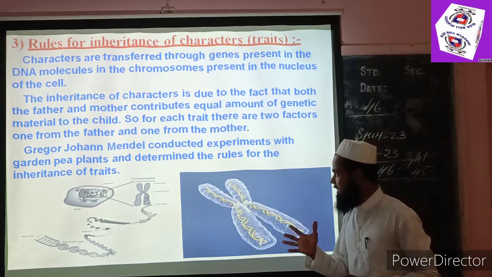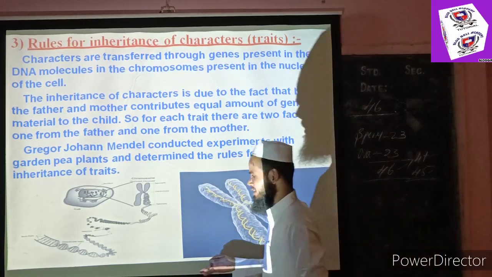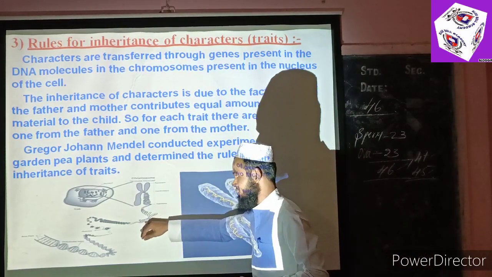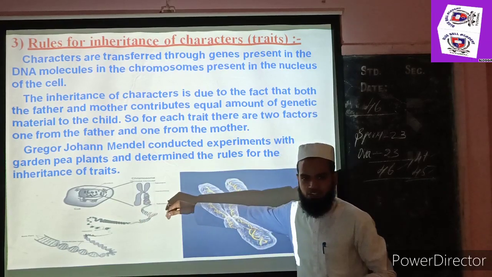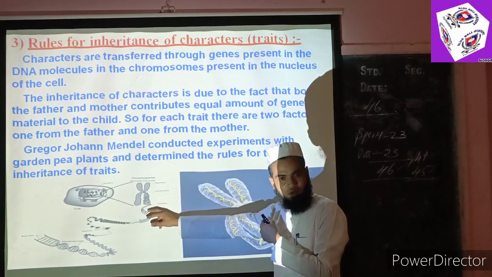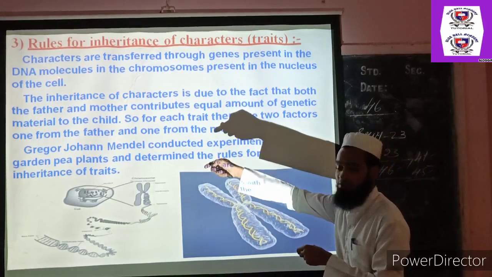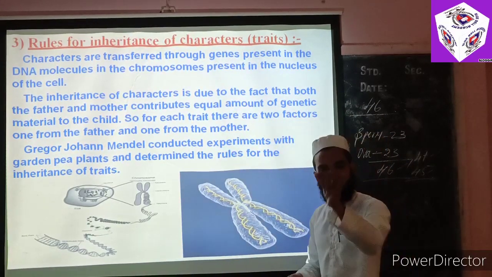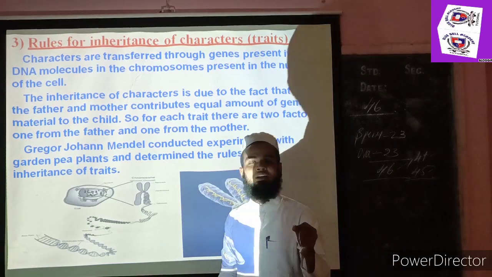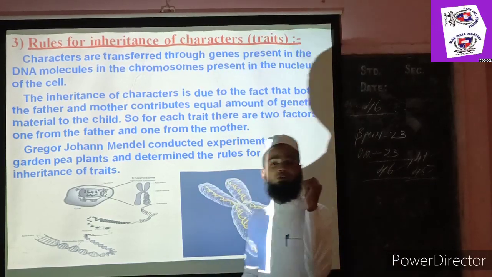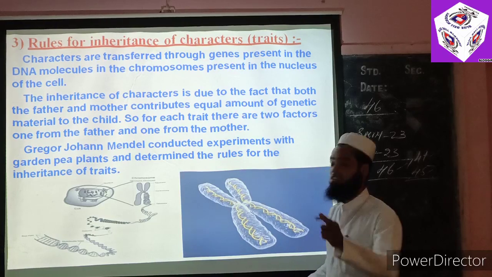Inside the nucleus, as I told you, we have the chromatin network, and during cell division it is wound up to form a chromosome, and inside the chromosome we have the DNA. Inside the DNA there is another fundamental unit responsible for the transmission of character, that is the genes.